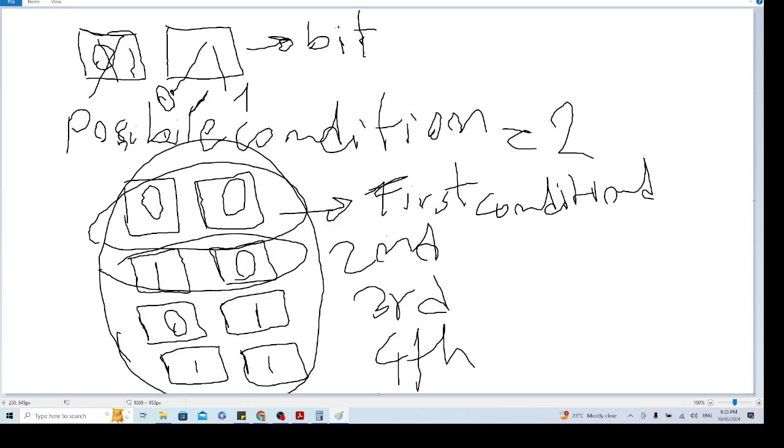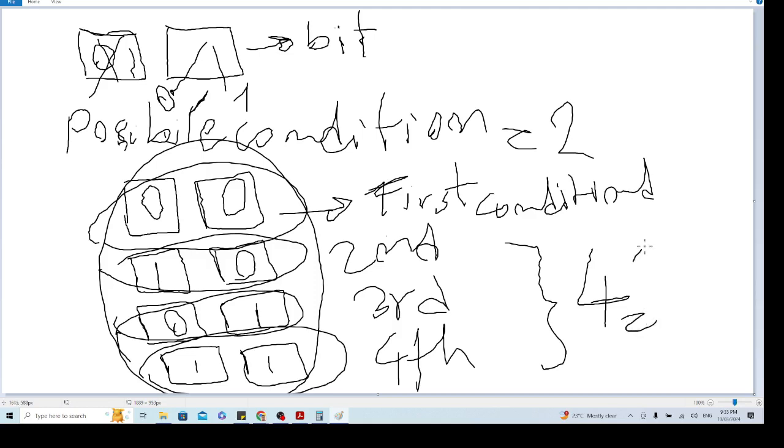One, two, three, four. Four conditions, which is two multiplied by two. So we just need to understand this concept in order to get to the number of available IP addresses and bits and stuff like that, or even the decimal numbers.